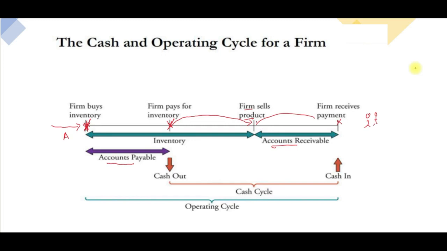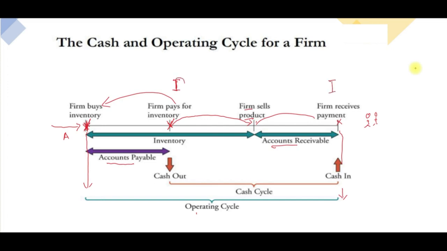This whole cycle, from the time the company purchases the inventory to the time when the customers pay back the cash, is called the operating cycle. But the cash conversion cycle starts from the time when the company pays the supplier. It will start from here, to the point where they receive the inflows.